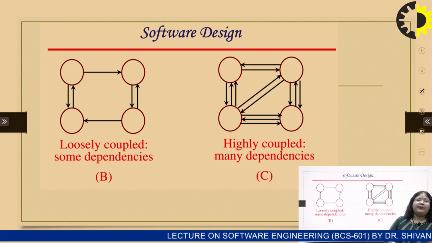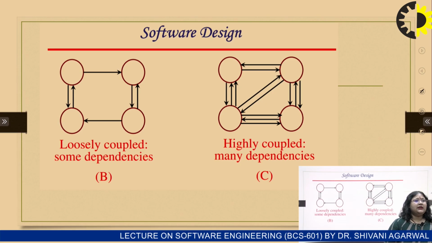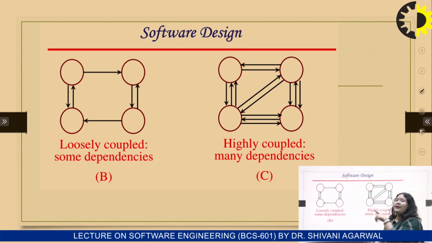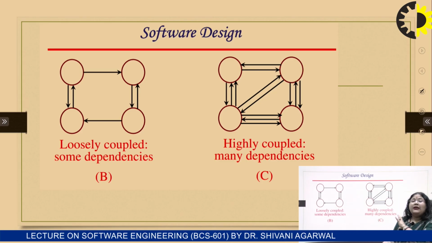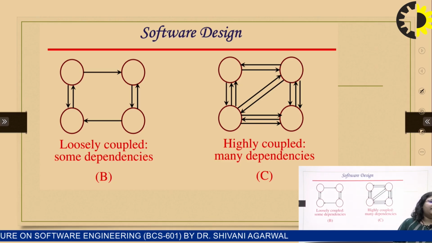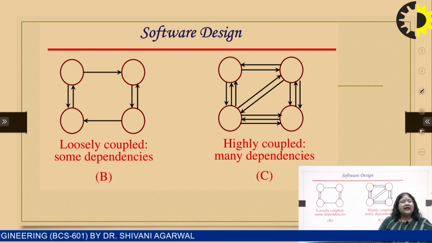Now, loosely coupled and highly coupled. Loosely coupled means that some modules are dependent on other modules, but not completely dependent on each and every module. Lowly coupled means each module is not completely dependent on another module, unlike the highly coupled diagram. In that one, each and every module is dependent on another module.